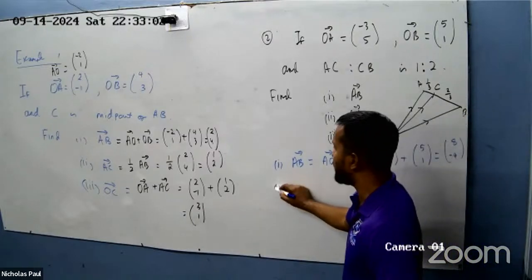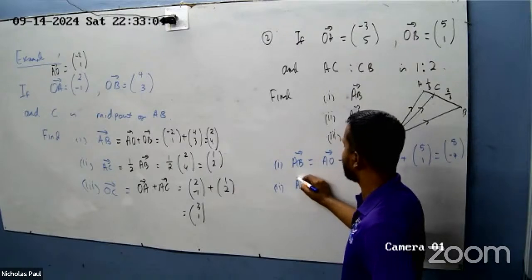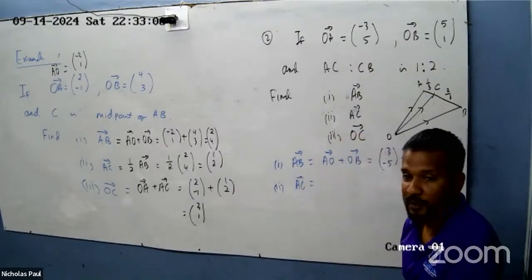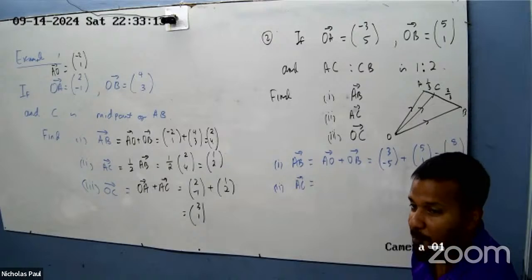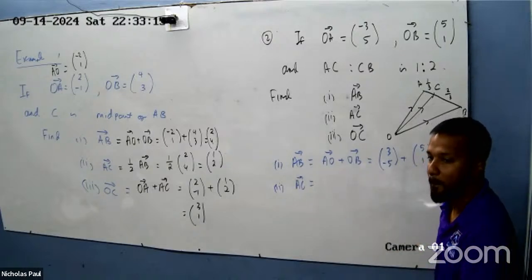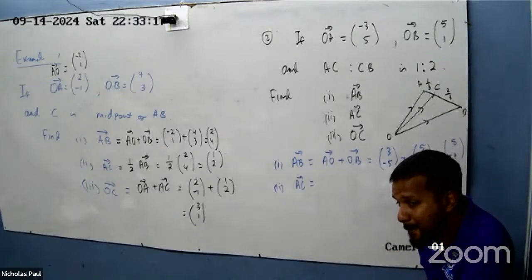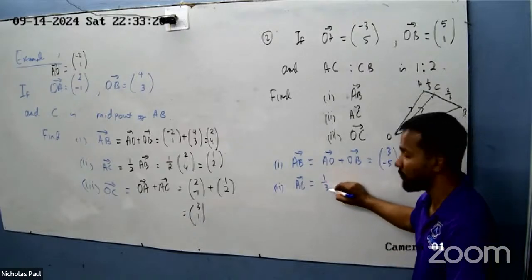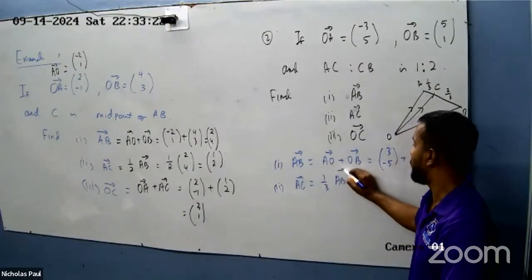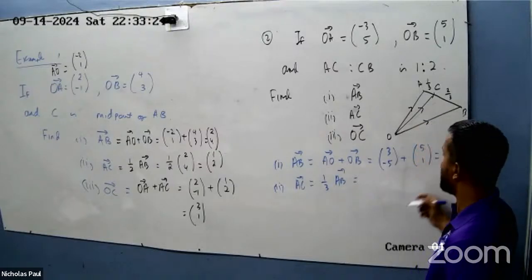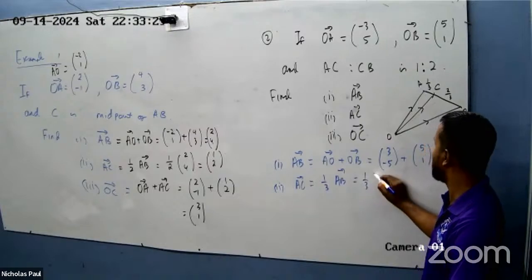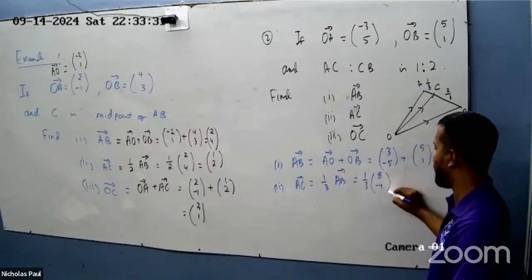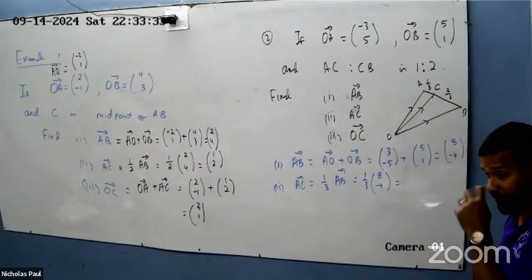Part two. They want us to get AC. AC is what, Samir? 1/3 of AB. The values are not the best, but we had to work with it, right? So it's 1/3 of 8, -4.